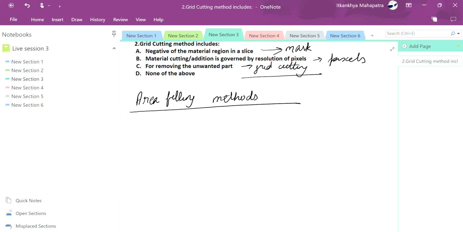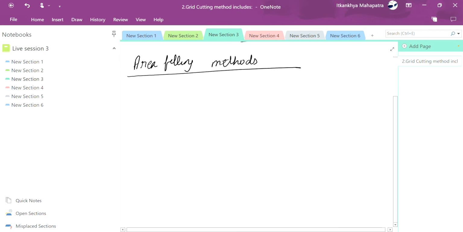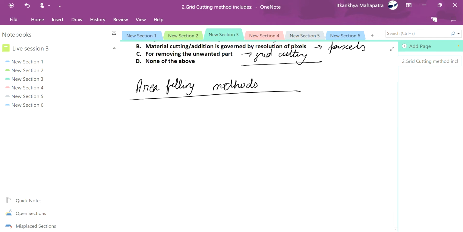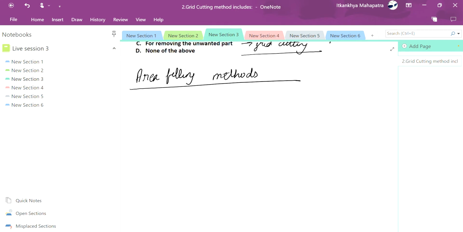There are basically two main steps to convert a 3D model into control data of the additive manufacturing machine.